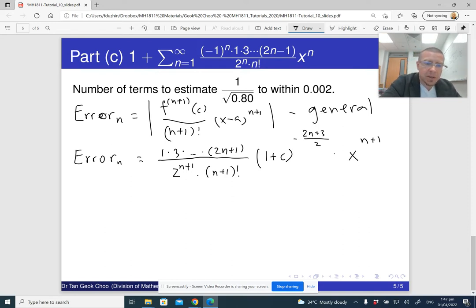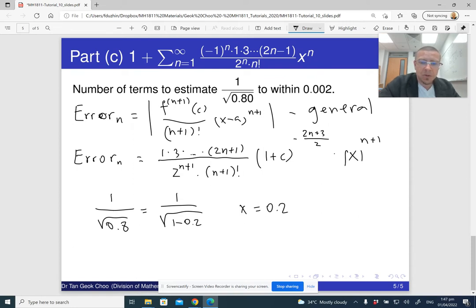In our case, we are looking for 1 over square root of 0.8, which is 1 over square root of 1 minus 0.2. So our x is minus 0.2, and the absolute value of x is essentially 0.2, so it should be 0.2 to the n plus 1.